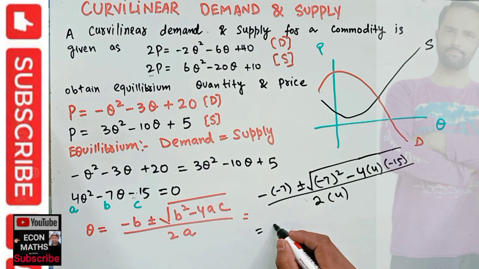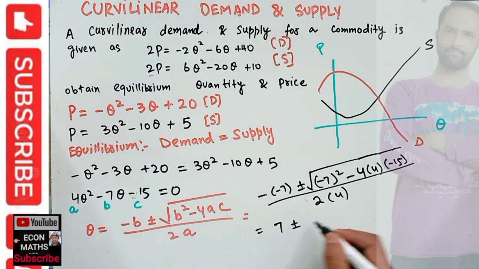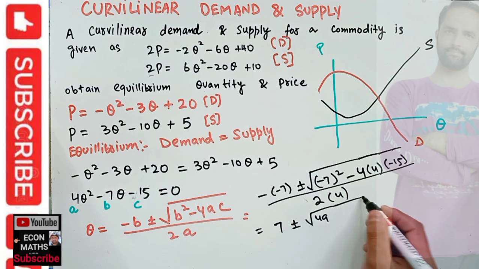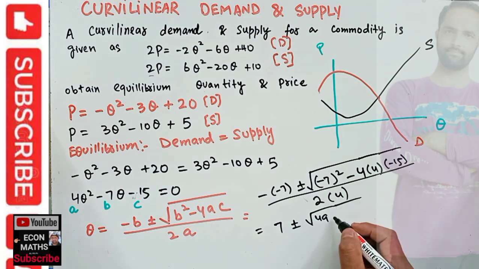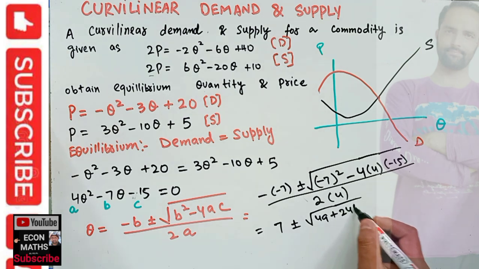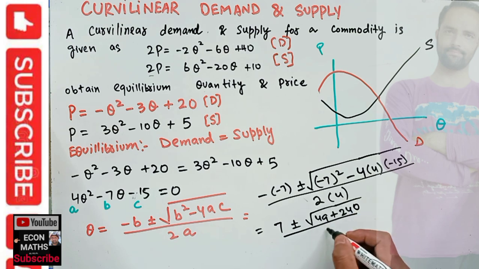So this comes out to be 7 ± the square root of 49 plus 240, since 4 times 4 times 15 is 240 and minus into minus is plus, divided by 2 fours are 8.